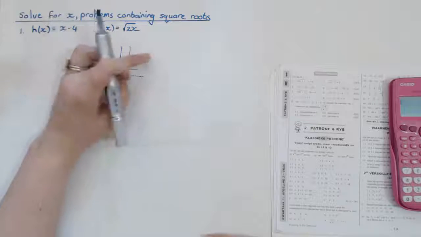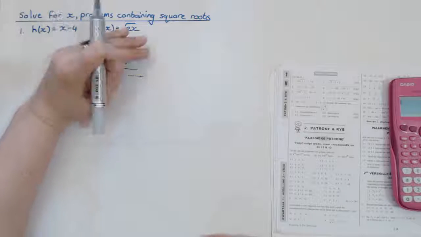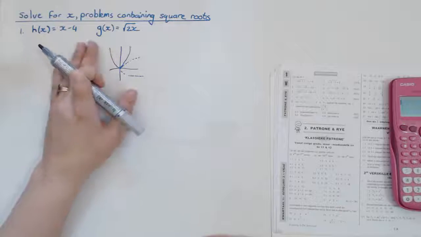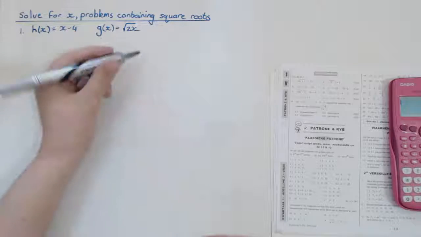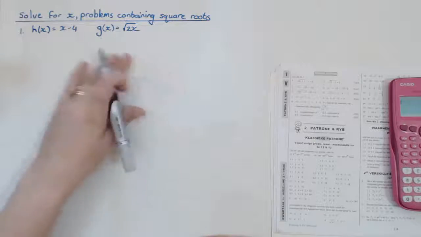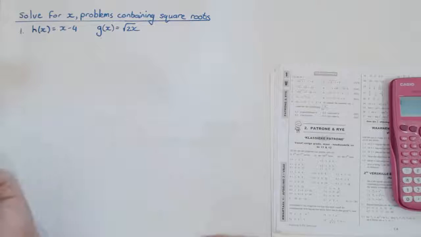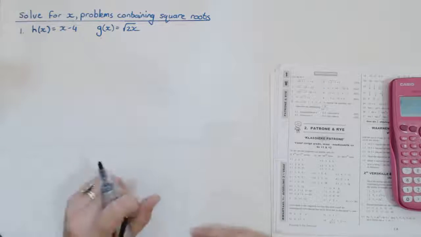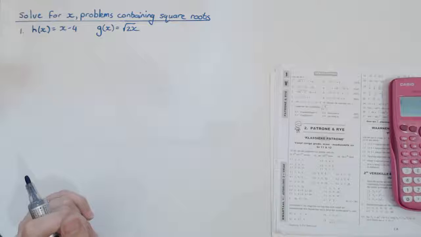But you usually just draw half of it to still keep it a function. They didn't ask you to draw it though. They gave you these two functions and they said determine the intercept between these two graphs.